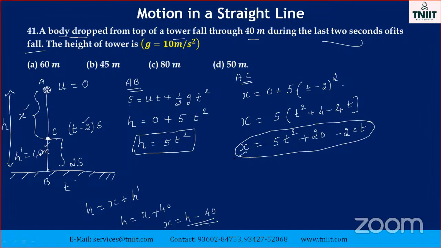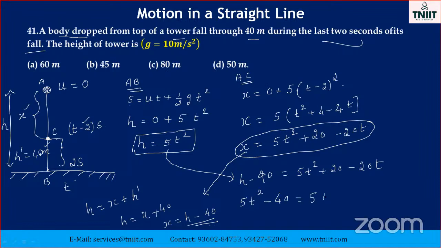So in the place of x, I can substitute h minus 40, which is equal to 5t squared plus 20 minus 20t. But what is h? H is 5t squared, right? So 5t squared minus 40 is equal to 5t squared plus 20 minus 20t.